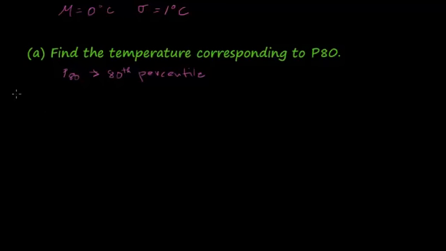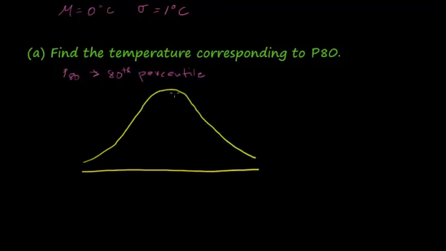So let's see if we can figure this out by looking at a diagram of the normal curve. Here's our 0, and as we've been saying, this is our z-scores, but they also correspond with our x values, just because we happen to have a mean of 0 and a standard deviation of 1. So this time we're finding the temperature that corresponds to P80.